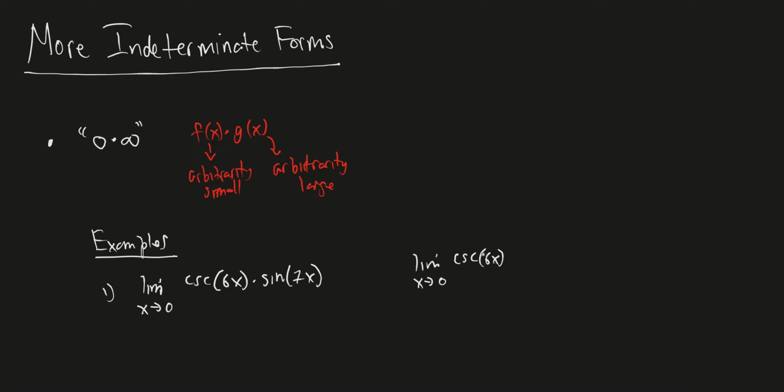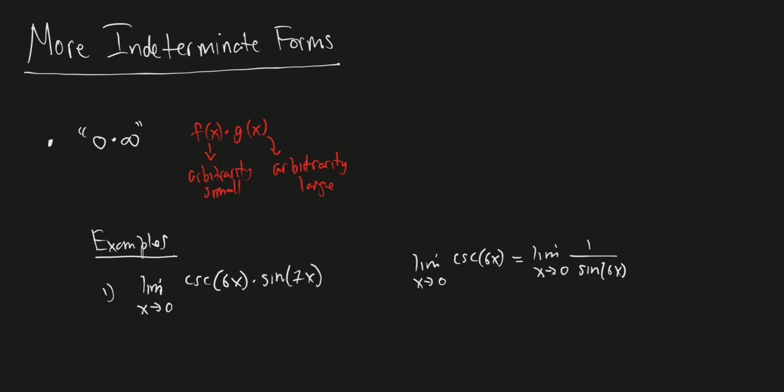Well, one of the things that we are more comfortable with as far as the trig functions are concerned is that it's easier for us to work if they're in terms of sine and cosine as opposed to cosecant and secant. So let's rewrite this. Cosecant is 1 over sine. So this is the limit as x approaches 0 of 1 over the sine of 6x.